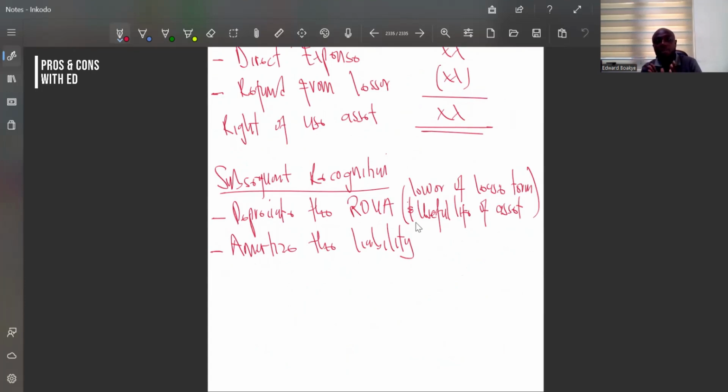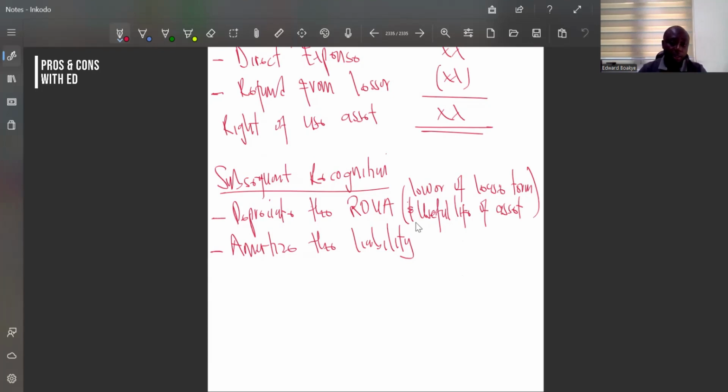So IFRS 16 adds some exceptions. It's not that we are not going to recognize it, but we recognize it saying that it is a short-term lease or a low-value lease, a low-value asset.